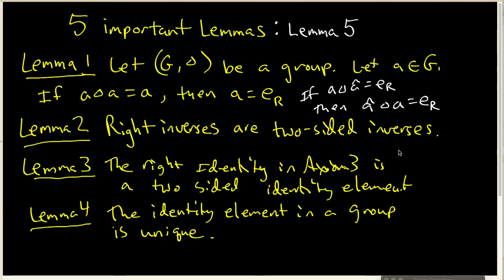In other words, we know for all elements A inside the group G, A triangled with ER is equal to A, but we now also know that ER triangled with A is equal to A. The fourth lemma says that ER is the only identity element inside the group.